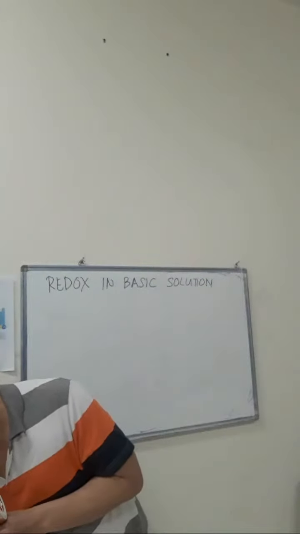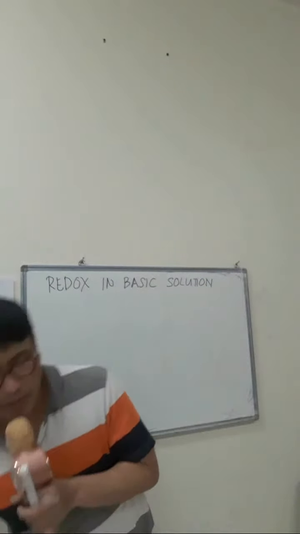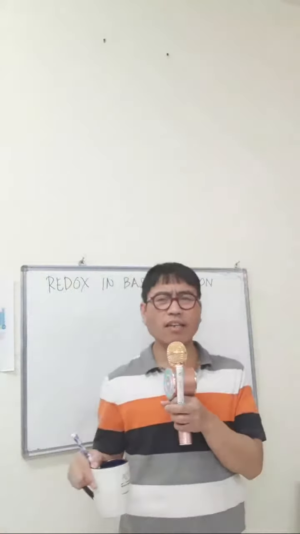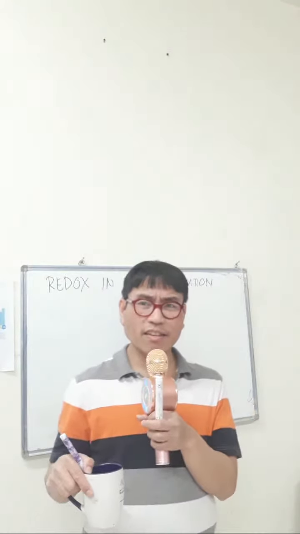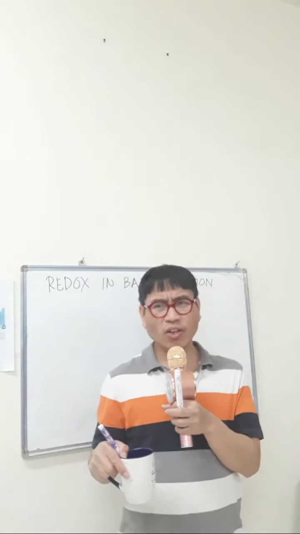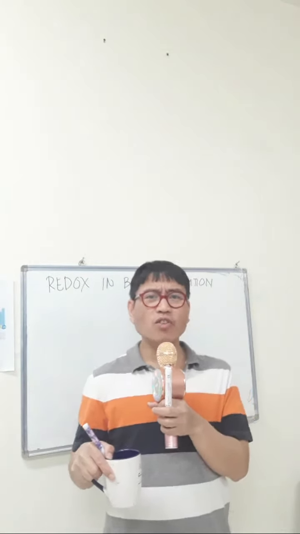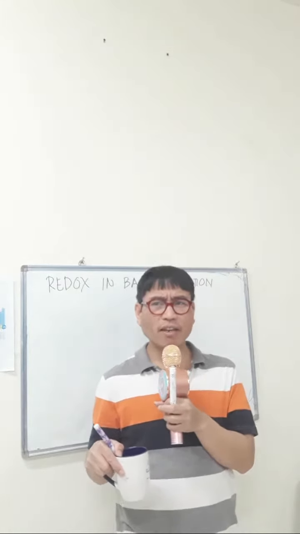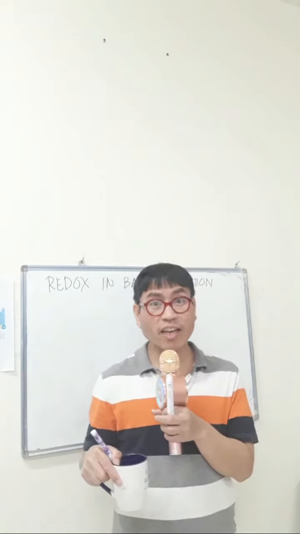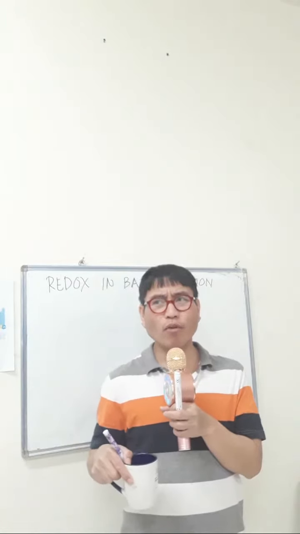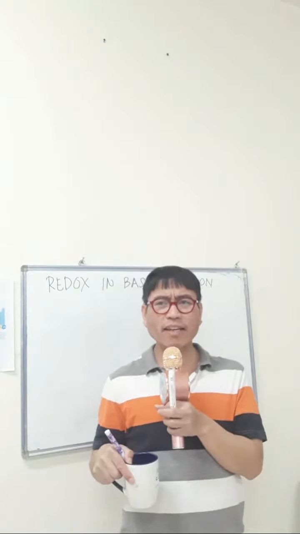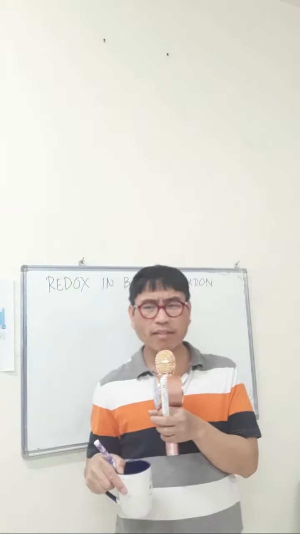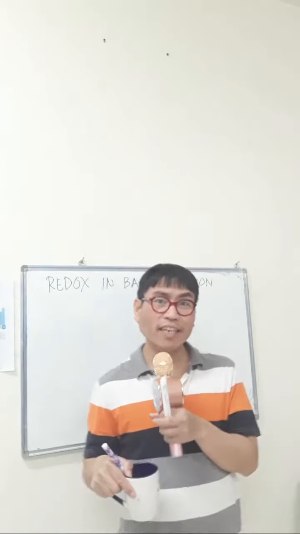Your identification for a redox, guys: there must be polyatomic ions in your reactants, or oxides of metal in your reactant, for example sodium oxide or magnesium oxide, or polyatomic negative ions like sulfate, permanganate, manganate, and dichromate in the reactants.